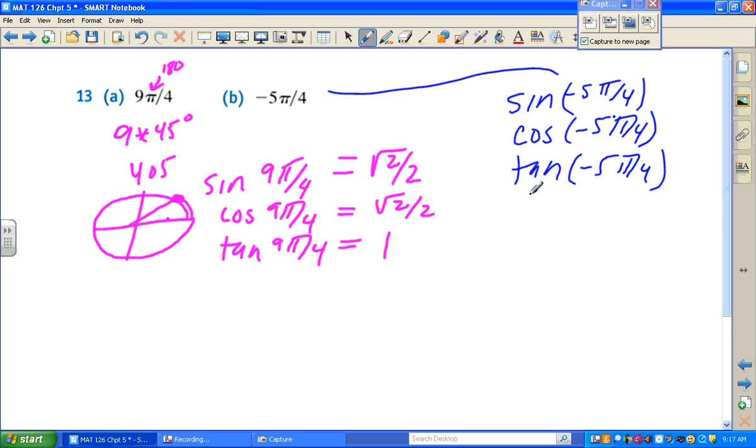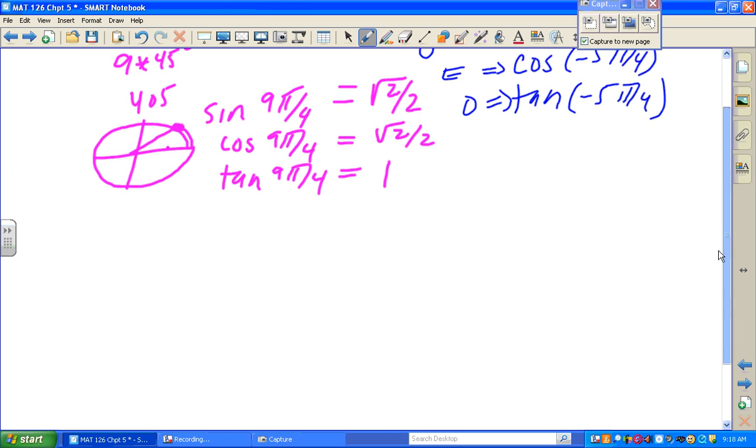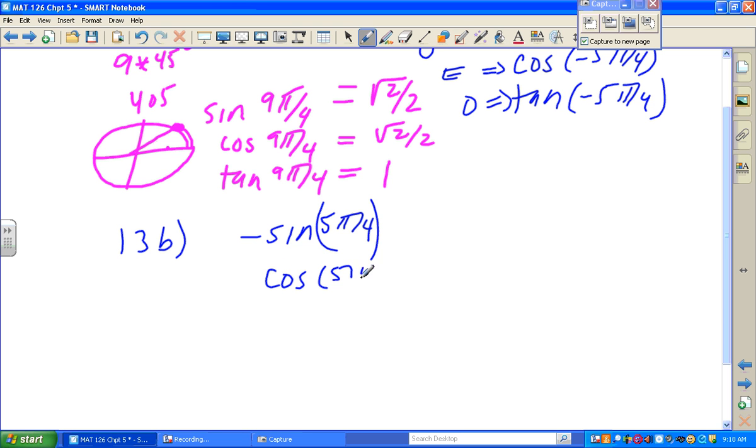Using the even and odd identities: sine is odd, cosine is even, and tangent is odd. So for 13b I'll rewrite it as negative sine of 5 pi over 4, cosine of 5 pi over 4, and negative tangent of 5 pi over 4.